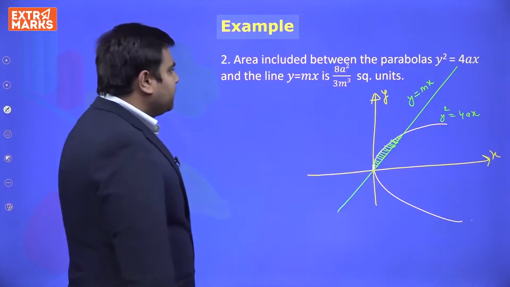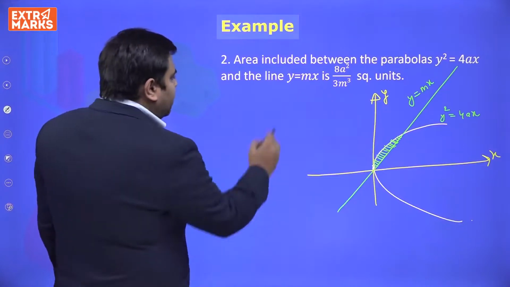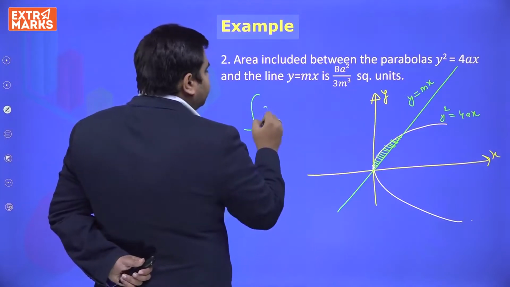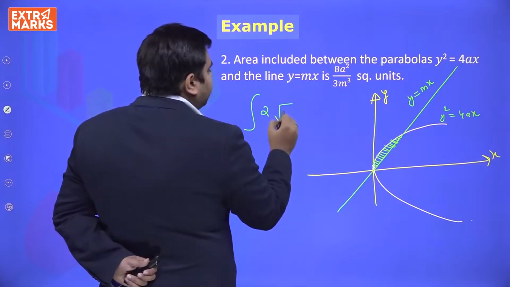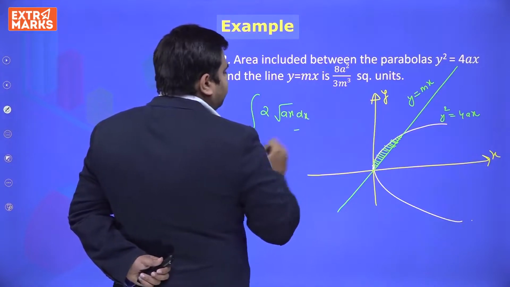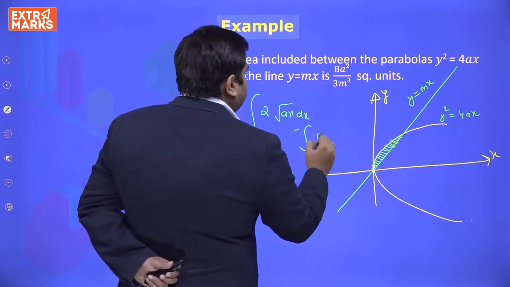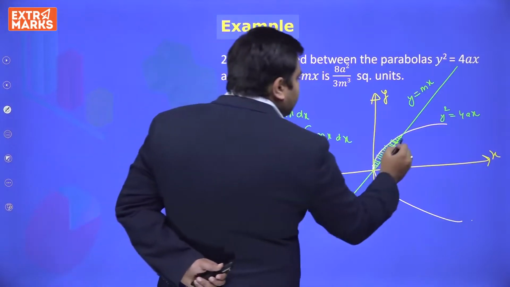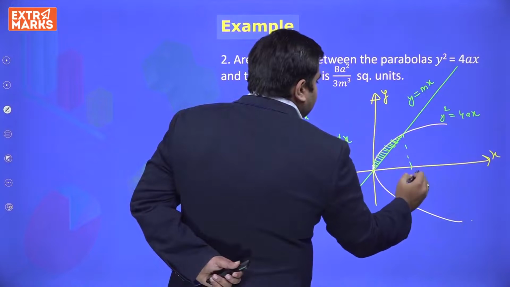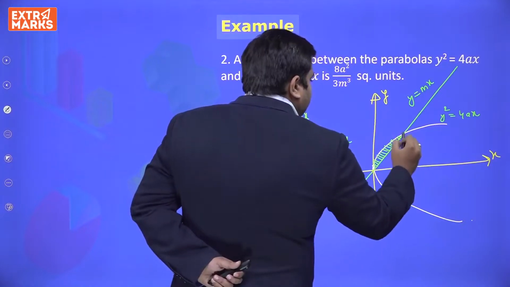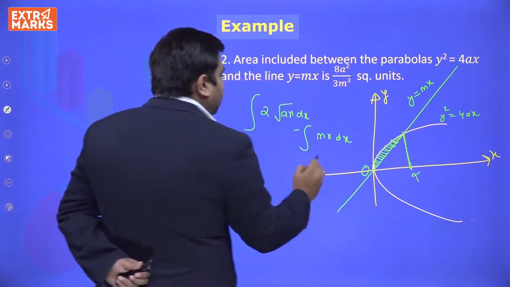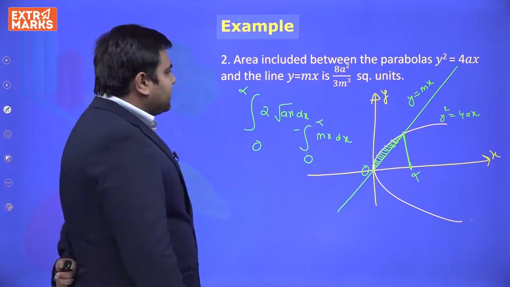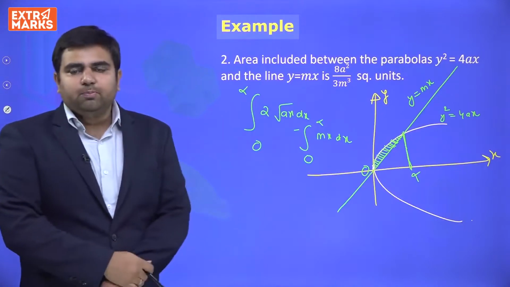This is the area, and it can easily be calculated by the integral of 2 root ax dx minus mx dx, where x gets varied from 0 to alpha, where alpha is nothing but the point of intersection of curve and line.